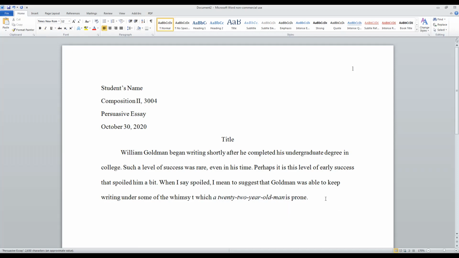Now, clearly, I do know a little bit more about Goldman from reading the introduction and the postscript of the book, and I also have done a little bit of research about him in advance of teaching this course. So this is pretty common knowledge, and I'm also not going to dwell on it, so I don't think this is a time for me to use a source to back anything up. I haven't made any essential statements just yet.